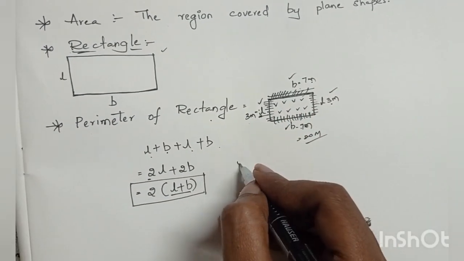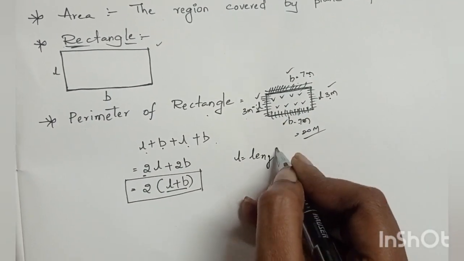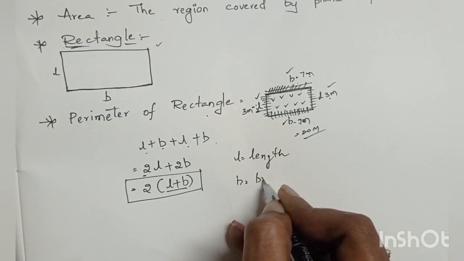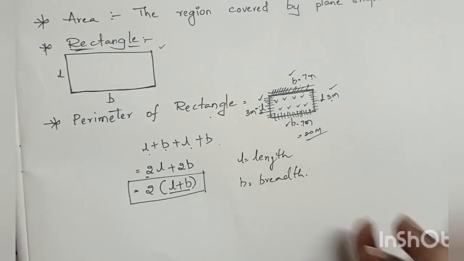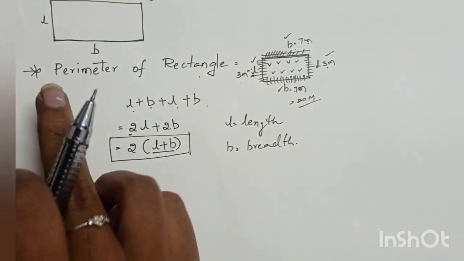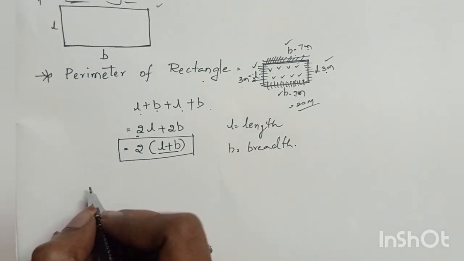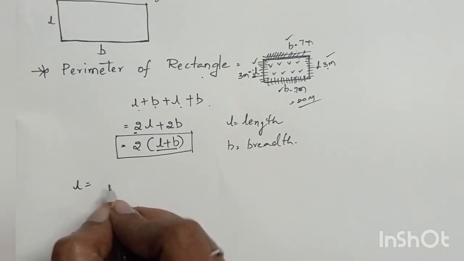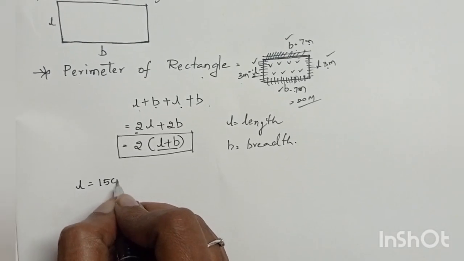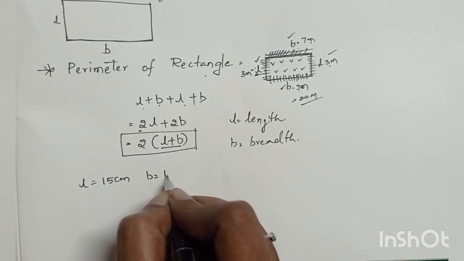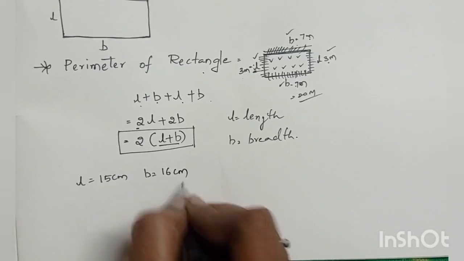So what is meant by L? L means length. B means breadth. So how will the questions come related to the perimeter of a rectangle? Find the perimeter of a rectangle if length is 15 centimeters and breadth is 16 centimeters.